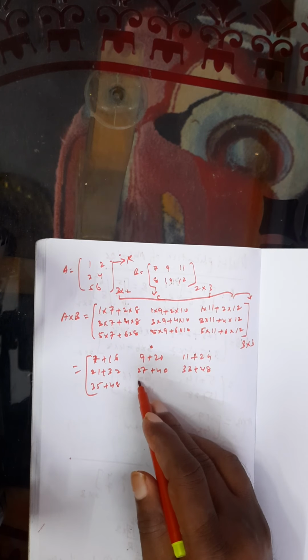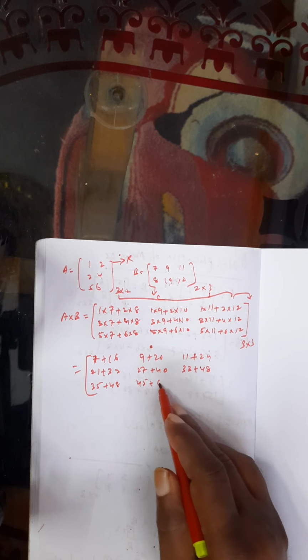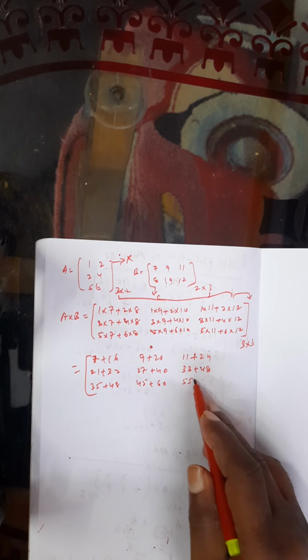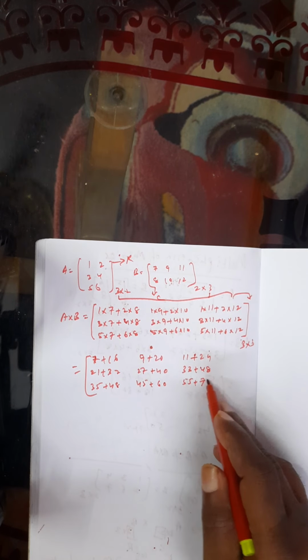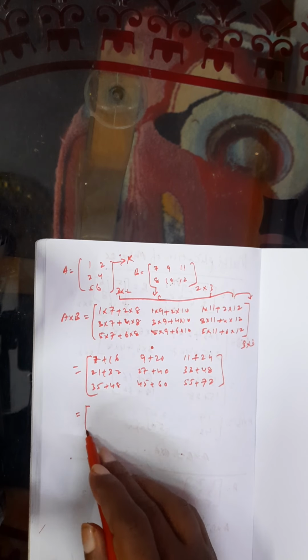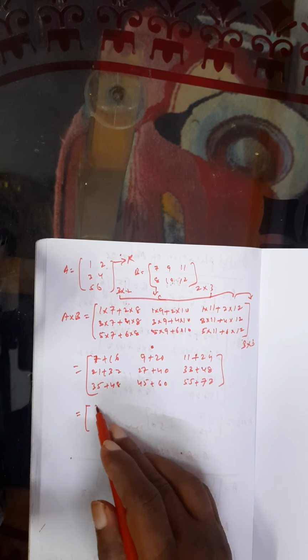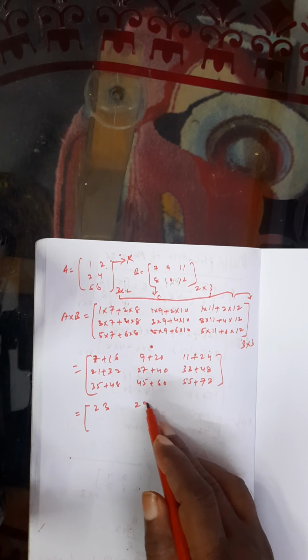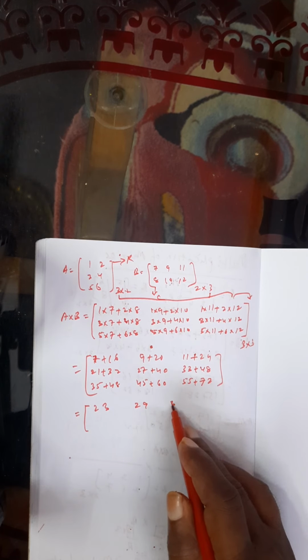Now this is 45 plus 60, this is 55 plus 72, 6 12s are 72. Now add these numbers: this is 23, this is 29, this one is 35.